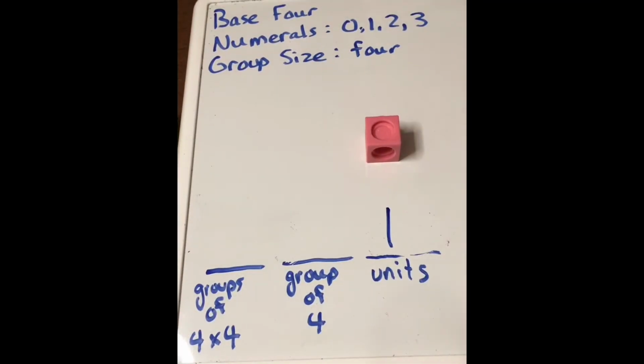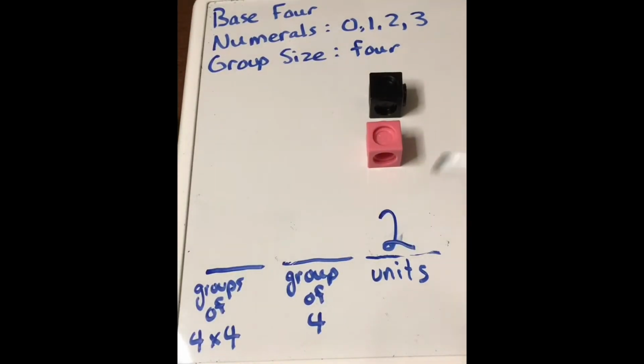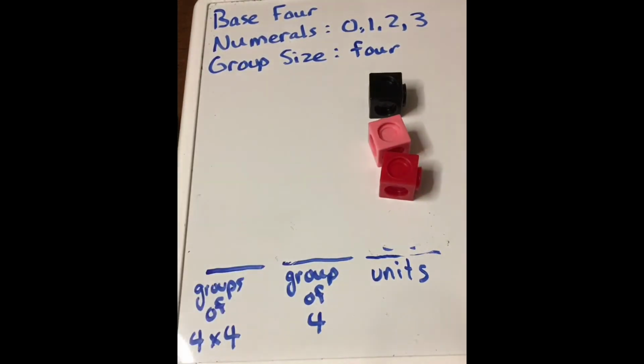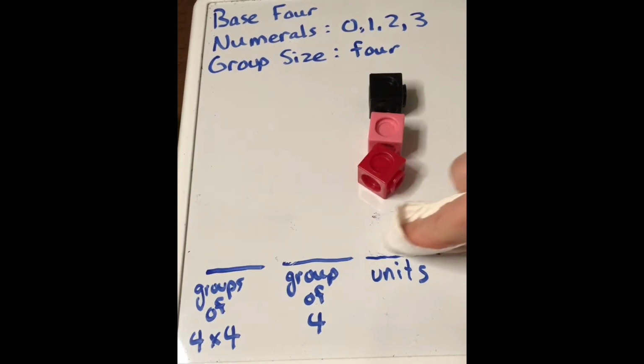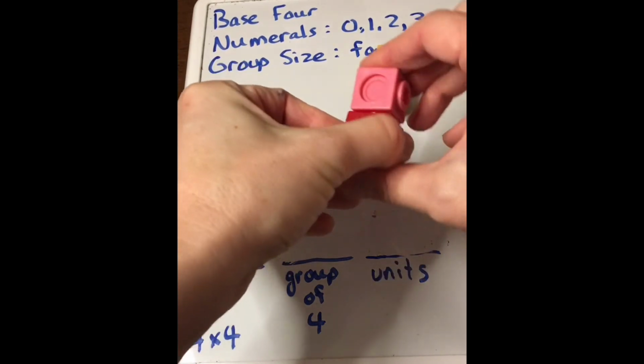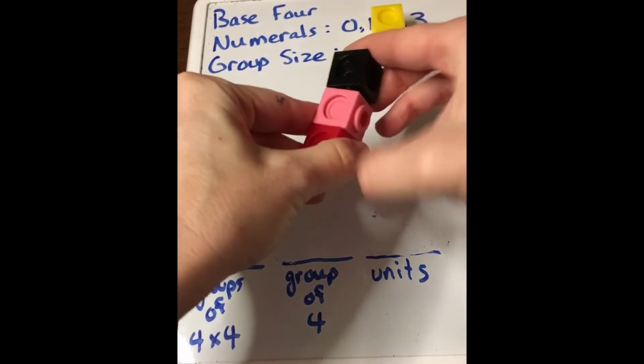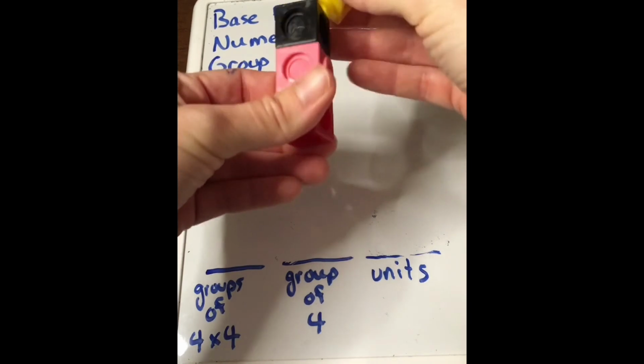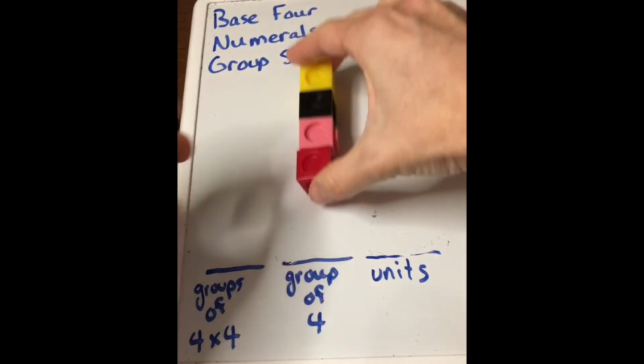Just like getting to 9 was easy in base 10, getting to 3 is easy in base 4. In base 4, when we add another unit here, we now have a set of 4. And once we have a set of 4 or a group of 4, we combine them into one group. And we record that in the next place over.